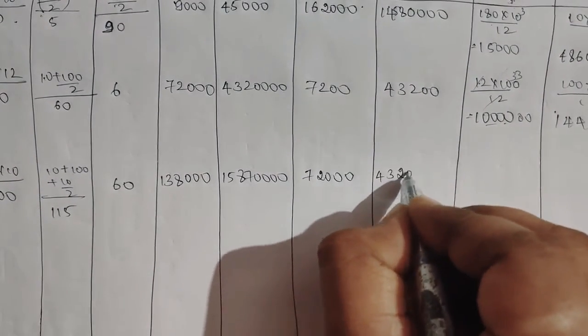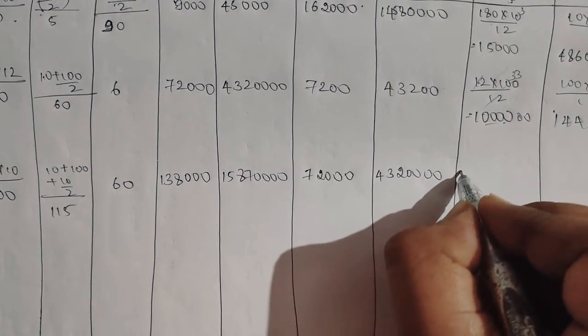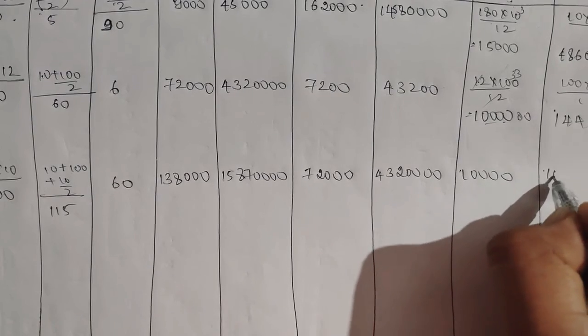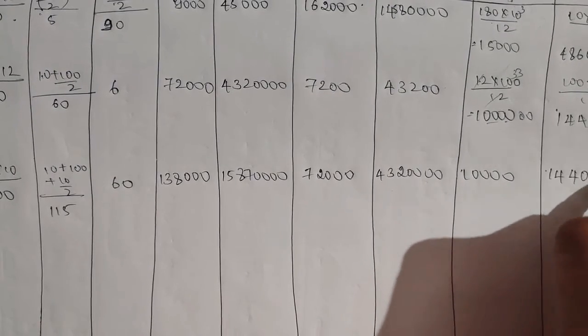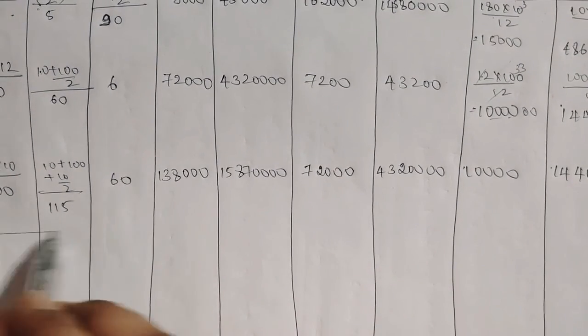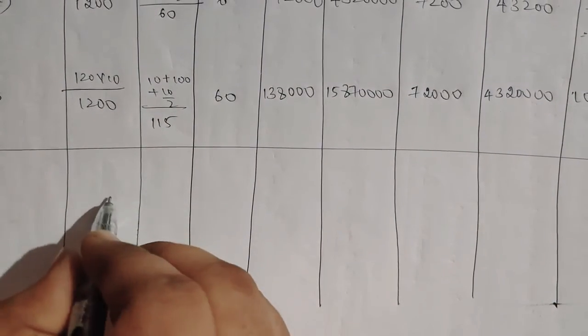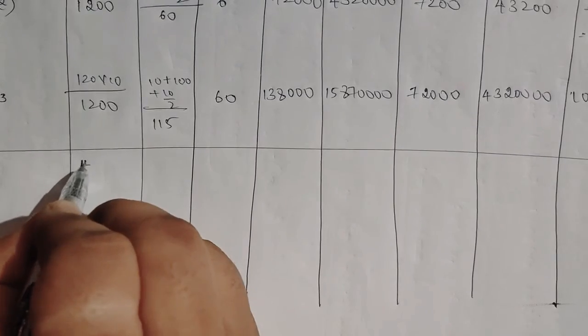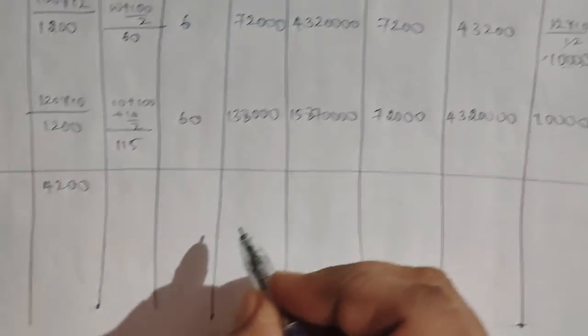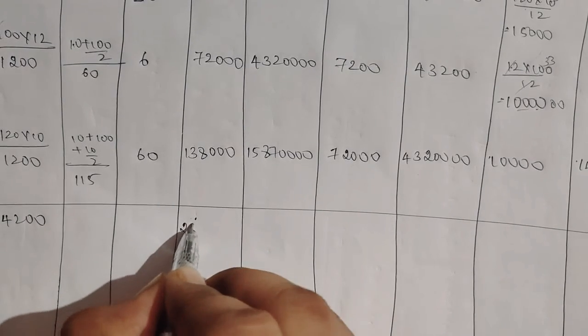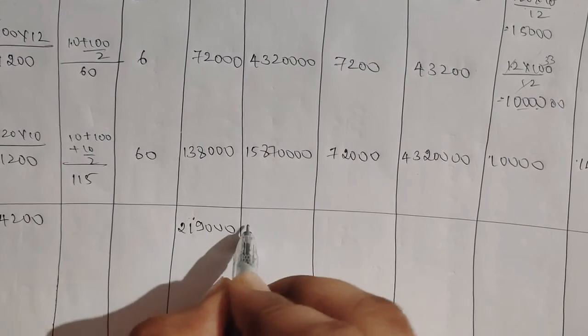I have already calculated it, so I am just copying my values. Once I get the values for all, I'll calculate the total. So summation of A will be 4200. Summation of AY will be 219000.